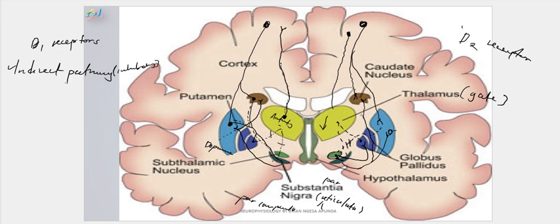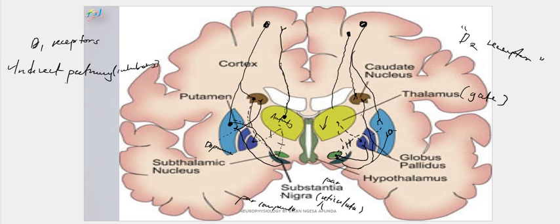So these are very important, especially when we'll be talking about the extrapyramidal side effects. What happens when the level of dopamine increases? We see how it's likely to modulate movement. Generally, it is going to inhibit the indirect pathway, and for that reason dopamine is going to increase the movement.